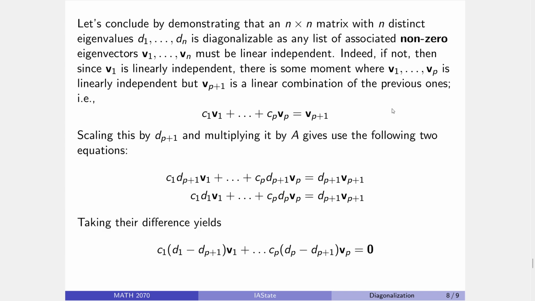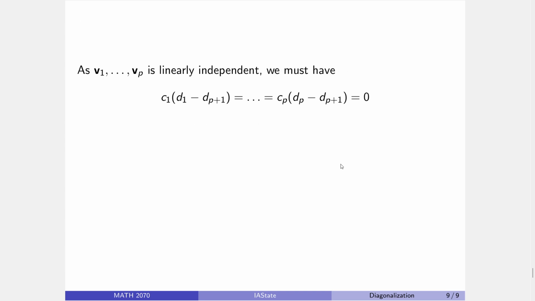Right. Now, I can take the difference of these two equations, and that gives me this. So note on the right-hand side, we got a big fat 0. And hopefully you see where this is going, because now I have a linear combo that is trivial, and my vectors, since they are linearly independent, force all of the scalars to equal 0.